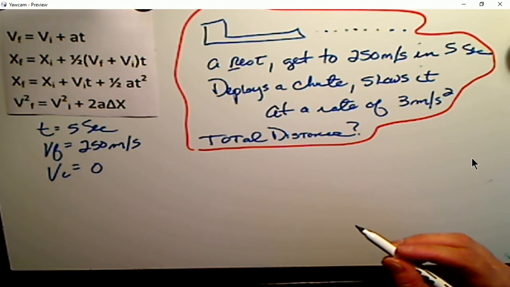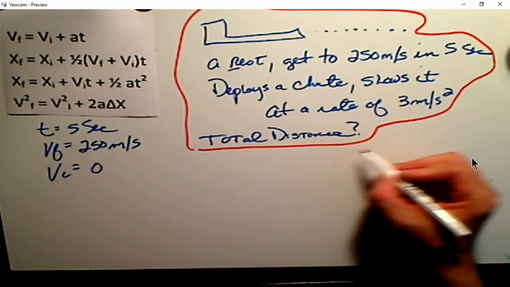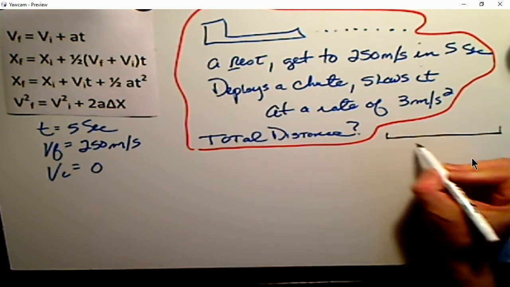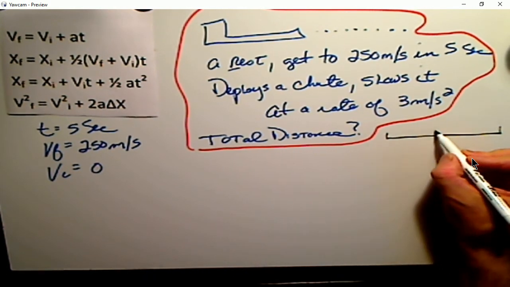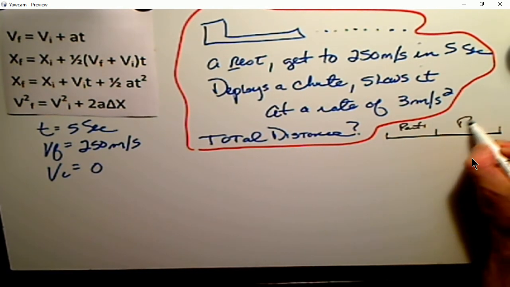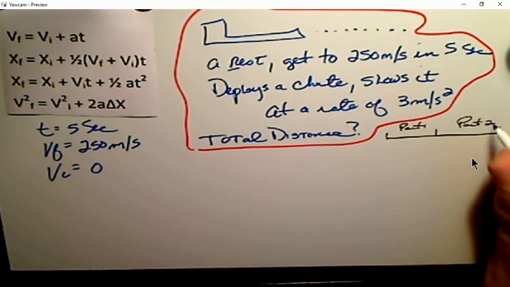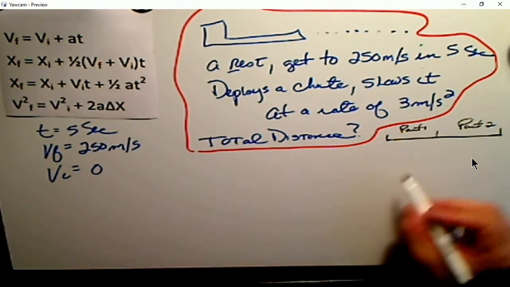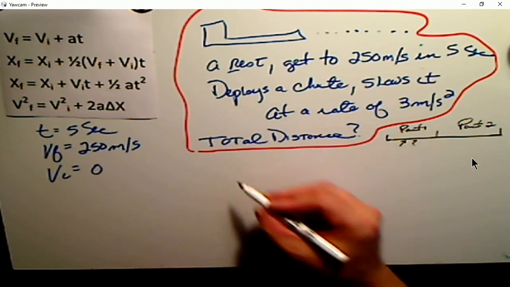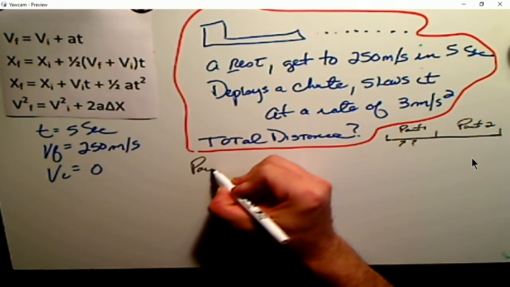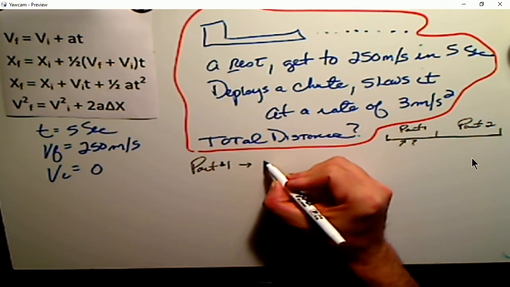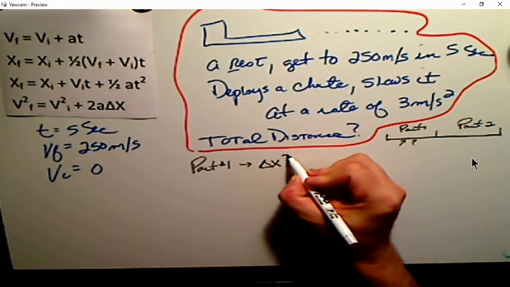We're looking for that distance in that first part, and in the second part of it, slowing down. So how do we get that first part? So part 1, looking for a change in distance. How do we get that?